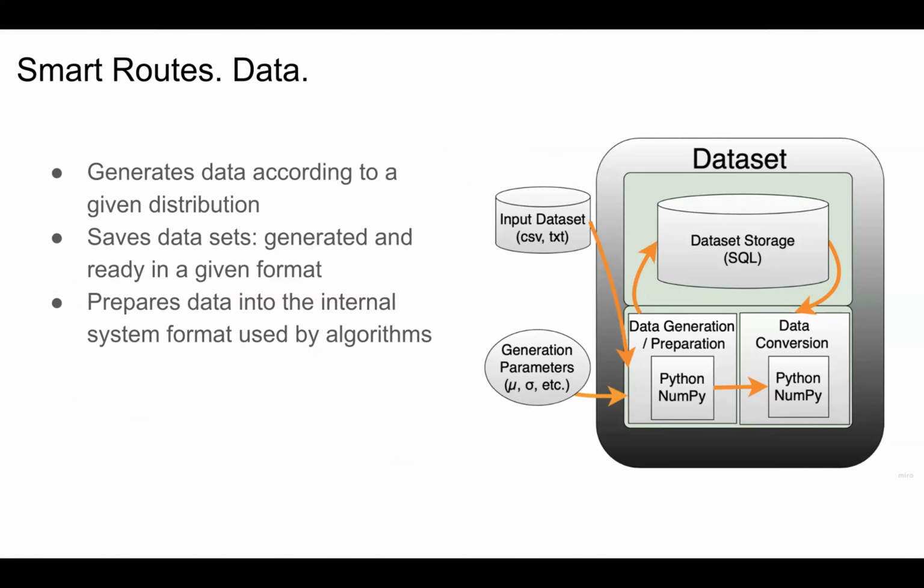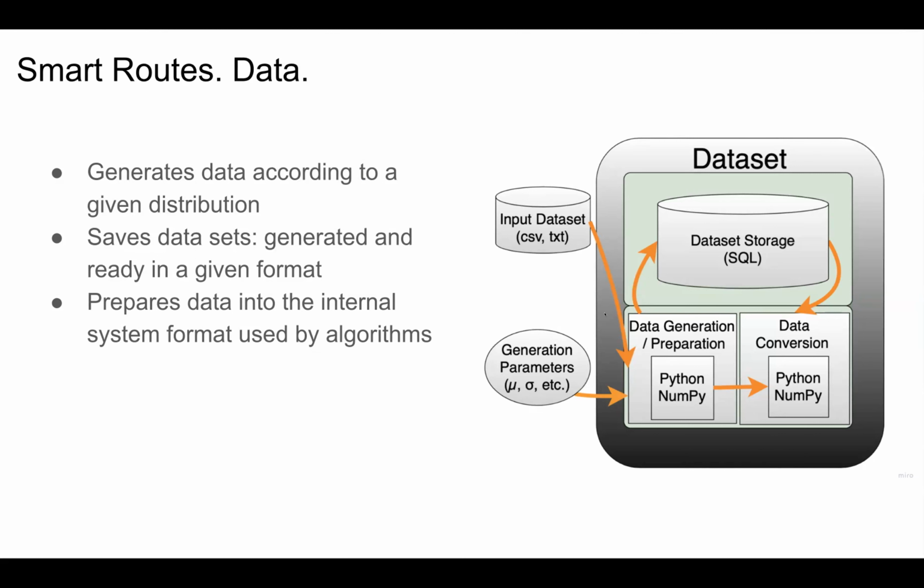The dataset, or data module, is responsible for generating data with predefined generation parameters. It allows you to load your own data and, of course, previously created ones. Dataset knows how to convert data from the user to the internal system format and stores information about data in the database.